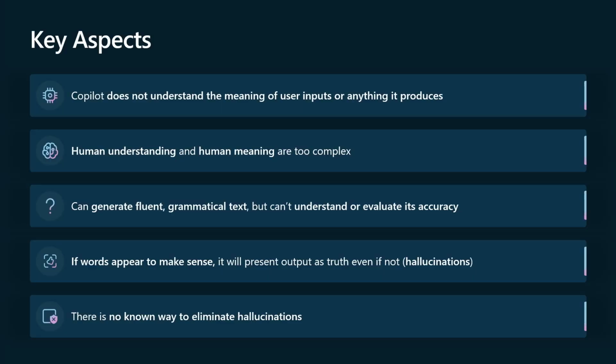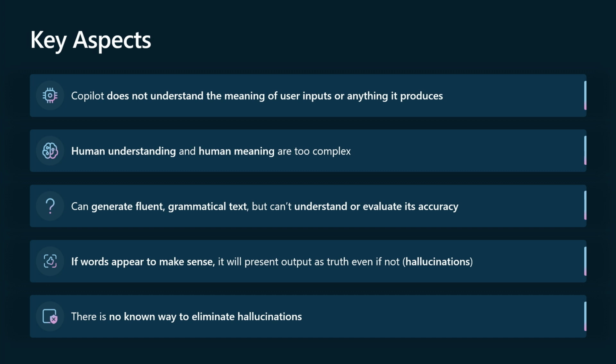Some other things to keep in mind, and this is getting into the more important but finer details: Copilot doesn't understand words. We can give it words, and it can spit out words, but it doesn't understand the meaning of any of those words. Human understanding, human meaning is simply too complex for an LLM. So while it sounds like it knows what it's doing and thinking, it's not.